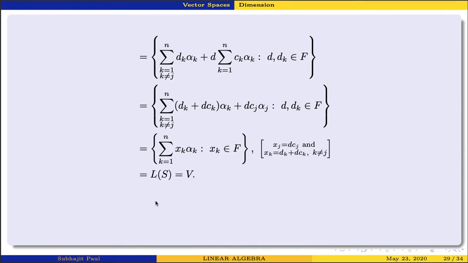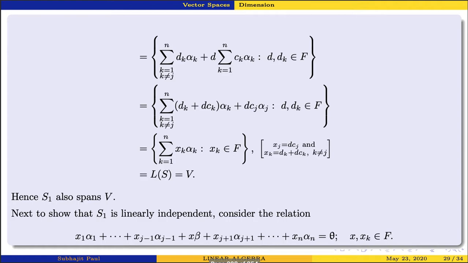But this is nothing but L of S, alpha 1 to alpha n, and this is equal to V. So L of S1 is equal to V. So S1 also spans V. Next, to show S1 is linearly independent, consider the relation, this one.